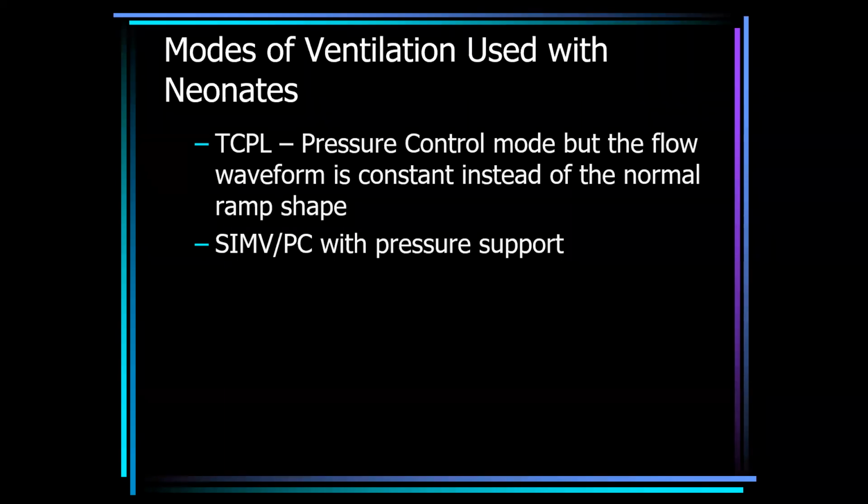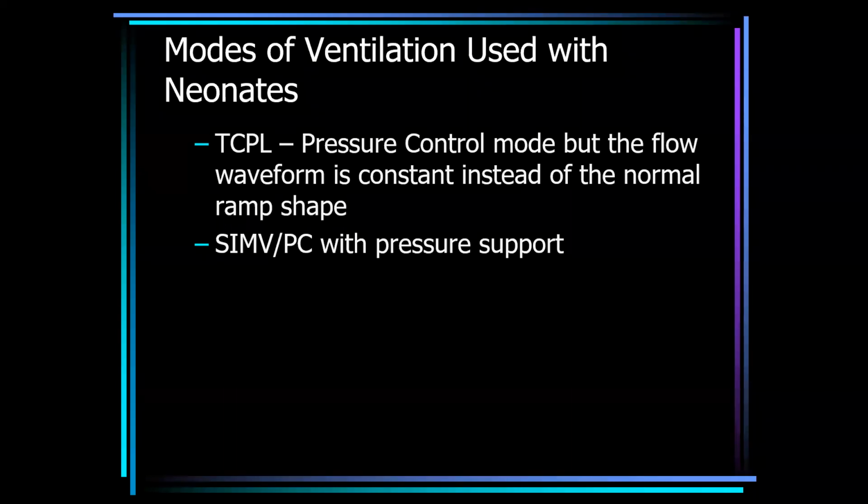In normal pressure control, the ventilator delivers a lot of flow to get to the peak pressure at the very beginning of the breath. So it rushes in a big flow of air, pressure gets reached, and then as the air is flowing in, it keeps the pressure constant throughout inspiration. Well, with TCPL, instead of there being a big rush of air, it keeps the flow rate constant throughout inspiration.